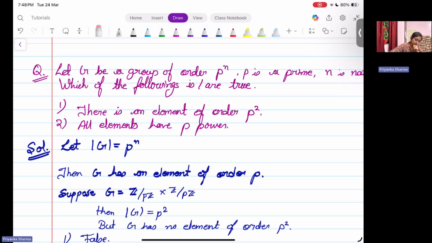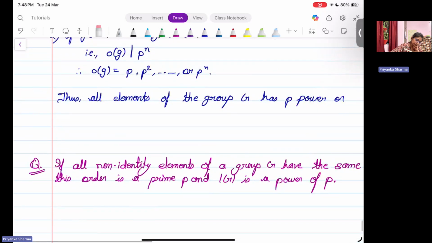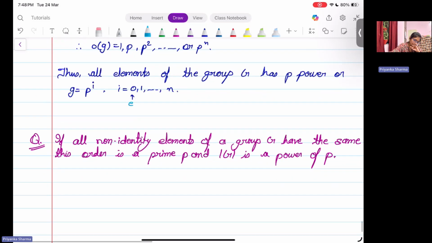Okay, let me clear it out. The order of g is P to the power some I, where this I can be 0, 1 up to n. Okay, so corresponding to 0, we will have P to the power 0, that is 1. That is, we will have the identity element of the group. And for I from 1 to n, we will get non-identity elements.